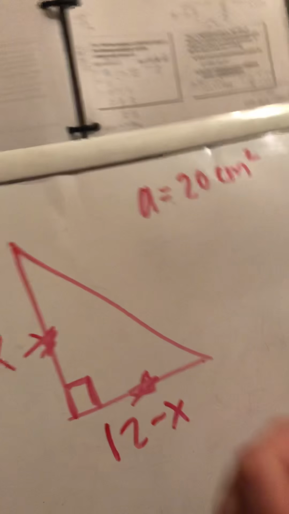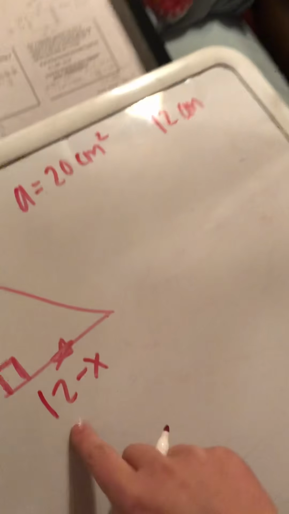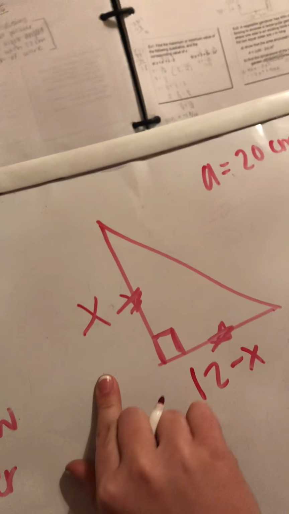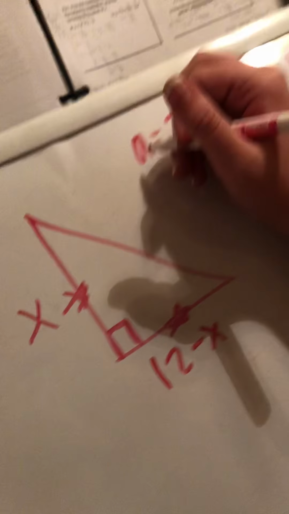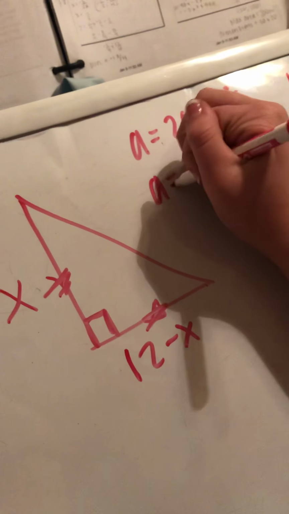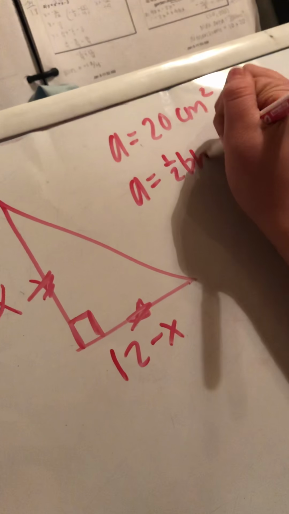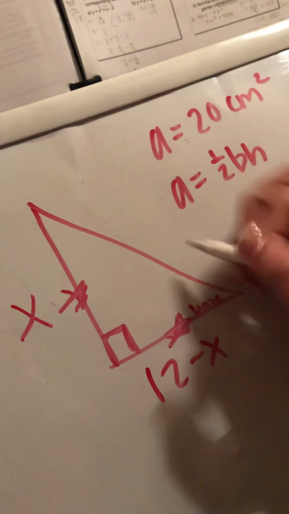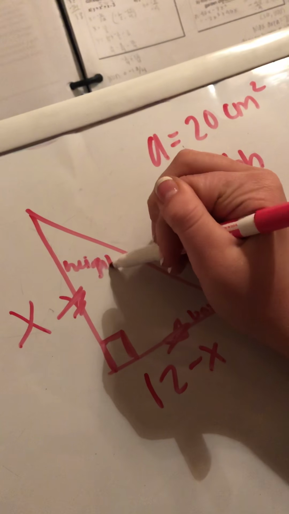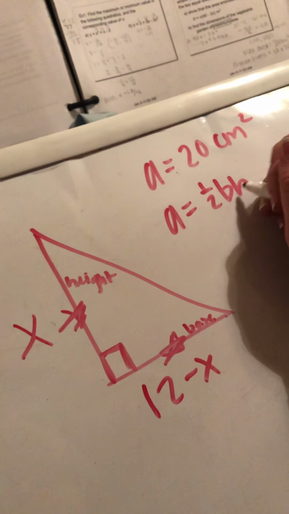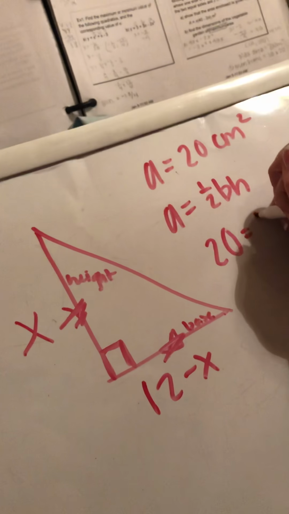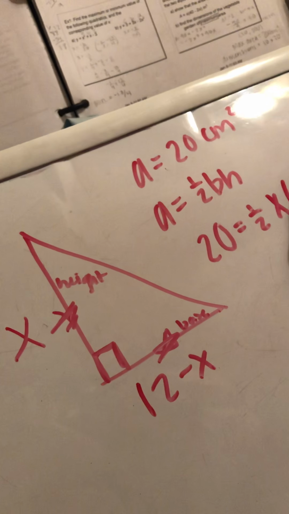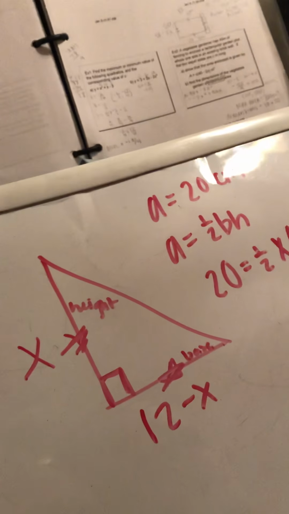You can represent that as 12 minus x, because you had 12 centimeters total and use x centimeters for this side. It's important to know that the area of a triangle equals 1/2 base times height. If the area is 20, you can do 20 equals 1/2 times base times height.